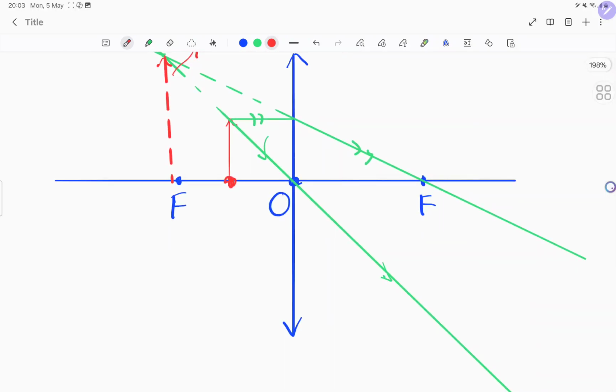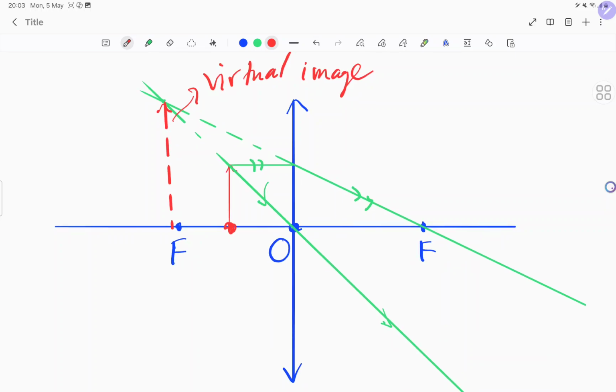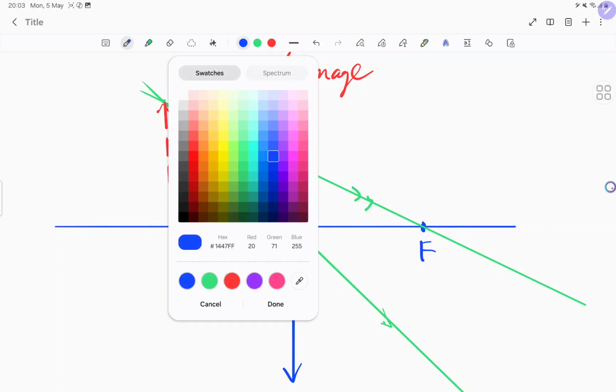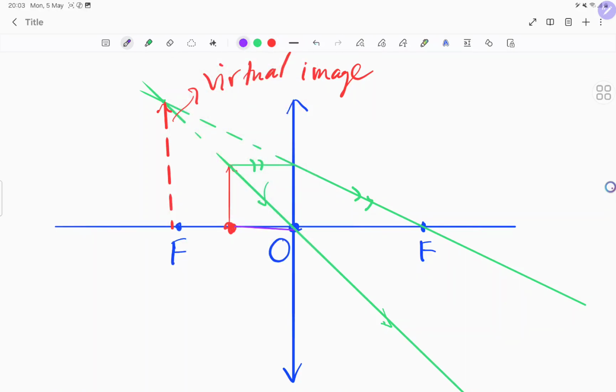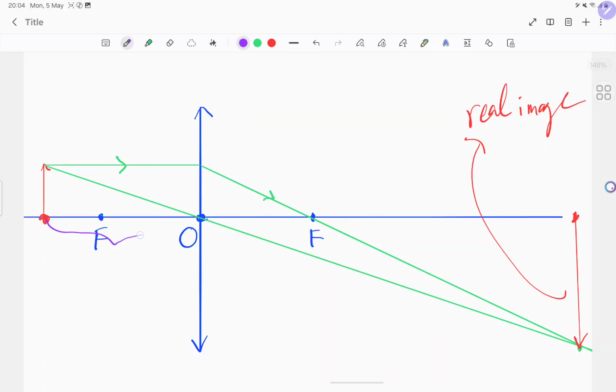If the distance of the object to the lens is smaller than the focal length, then the lens produces a virtual image.